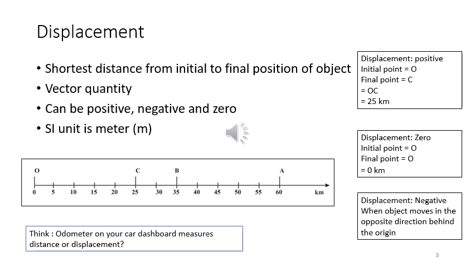There will be some numbers, and as the vehicle moves, those numbers keep moving. Those numbers are calculating something. Tell me what that meter reading is calculating. It is generally called an odometer, and you generally set it to zero when you want to measure something. So what is that something you are measuring? Are you measuring the distance, or are you measuring the displacement? Tell me.